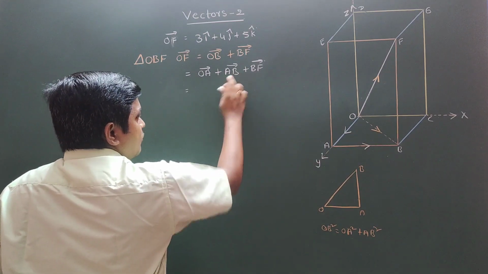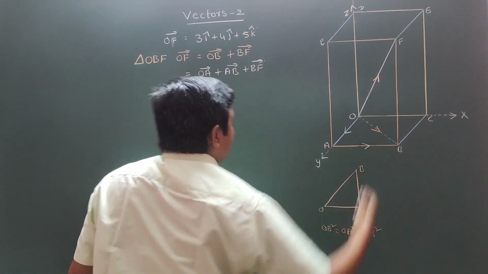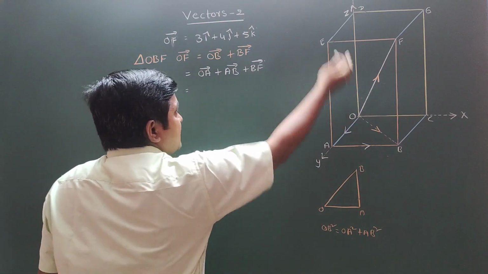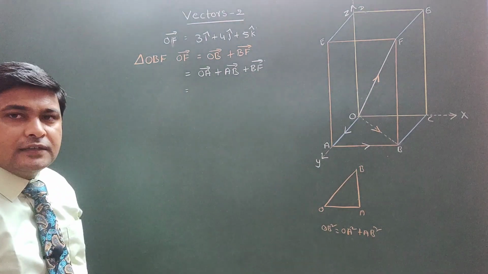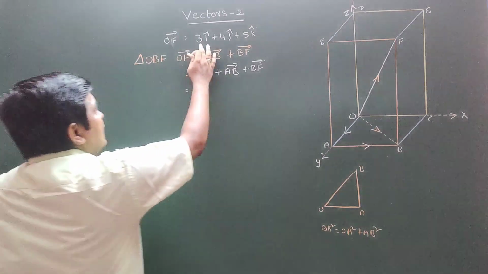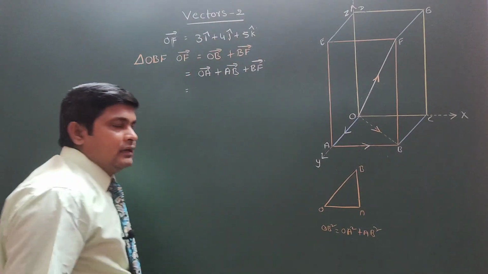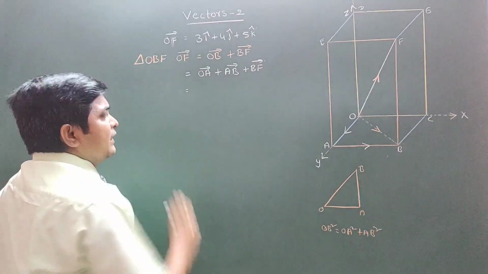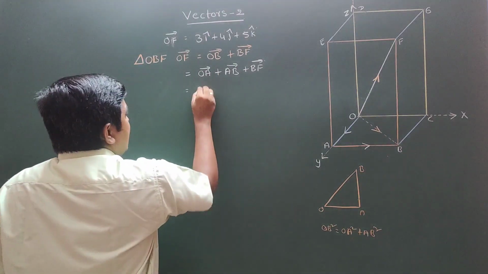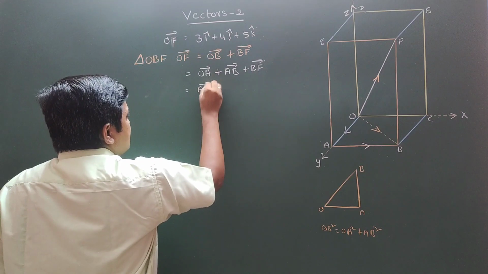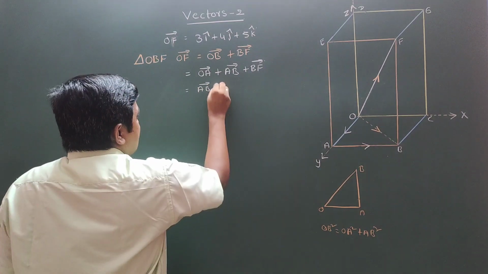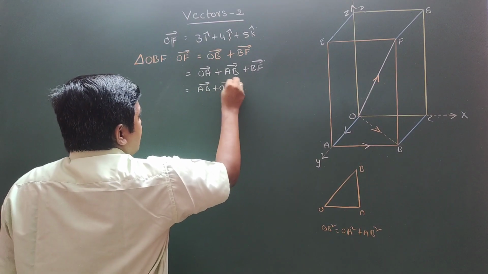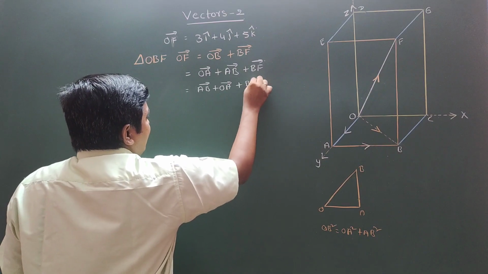AB you can see is parallel to the x axis. B to F is on the z axis. To get in the same way, like x, y, z, how we write i, j, k, to get in the same direction, I am rewriting in an arrangement. Suppose AB bar is in X direction, in Y direction OA bar, plus BF bar.